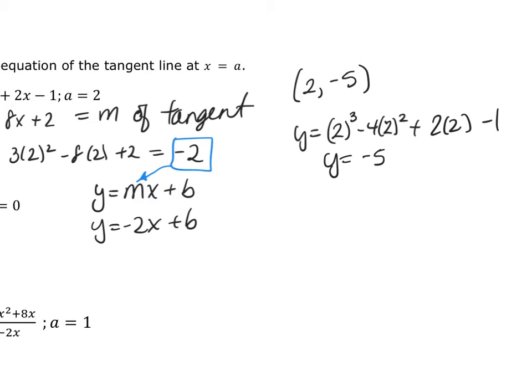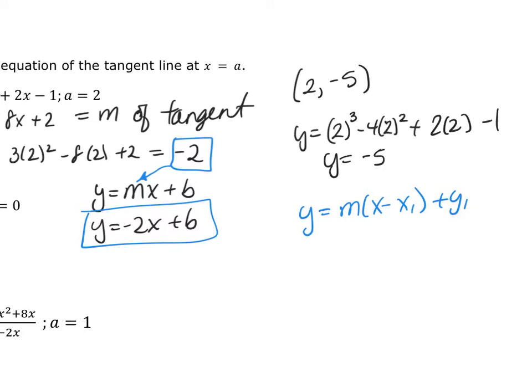So, now I have my ordered pair. What I'm going to use to get there is this equation: y is equal to m, x minus x1, plus y1. I'm going to put that information in there, and then I'll get y equals mx plus b.